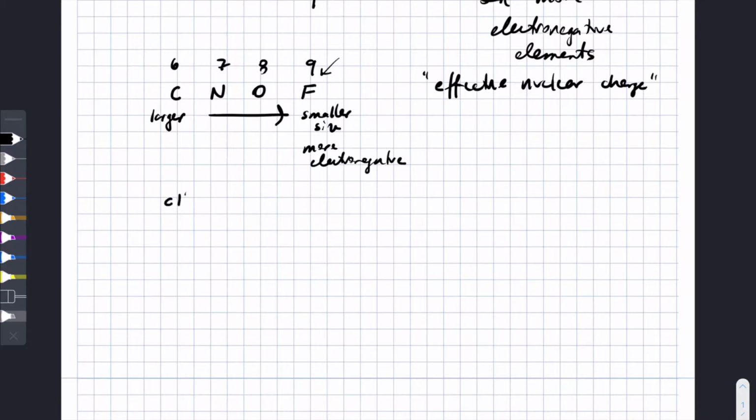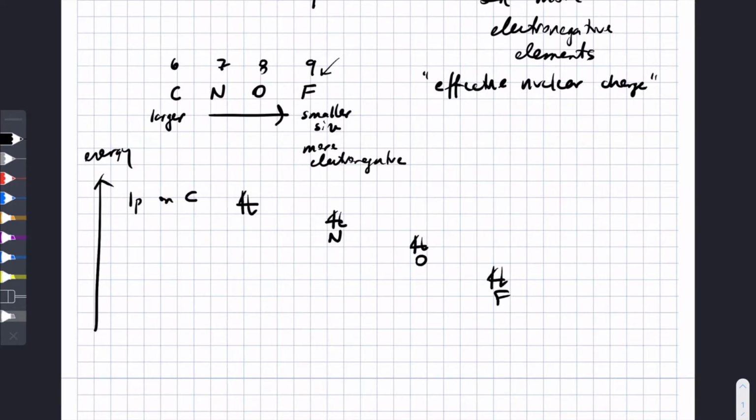For example, if we were to think about lone pairs on carbon versus nitrogen versus oxygen versus fluorine, and if this is energy, we would come to this kind of conclusion that lone pair electrons on fluorine are simply more stable there than they would be on carbon.